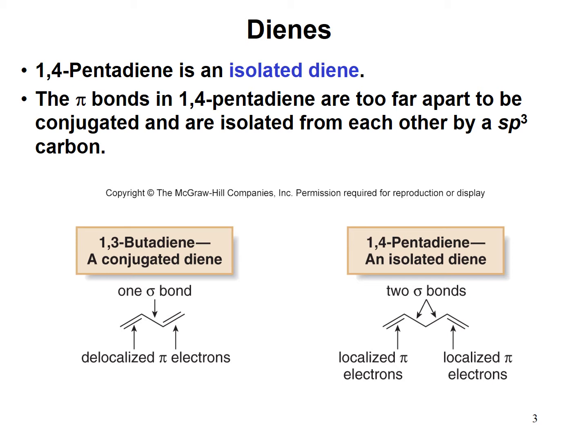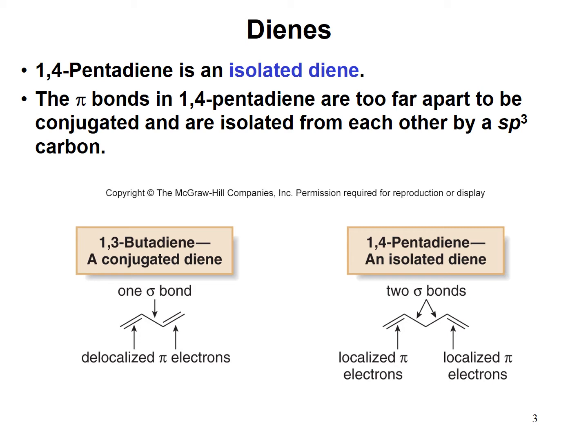The isolation that occurs in 1,4-pentadiene does not allow this compound to be lower in energy than 1,3-pentadiene. The 1,3-pentadiene would be a conjugated diene because from carbon 1 to carbon 4, all the p orbitals are connected.